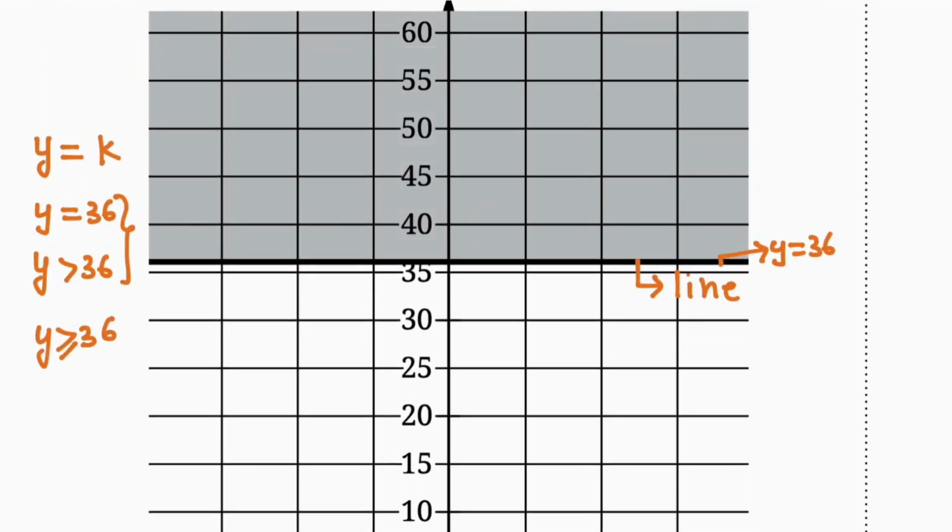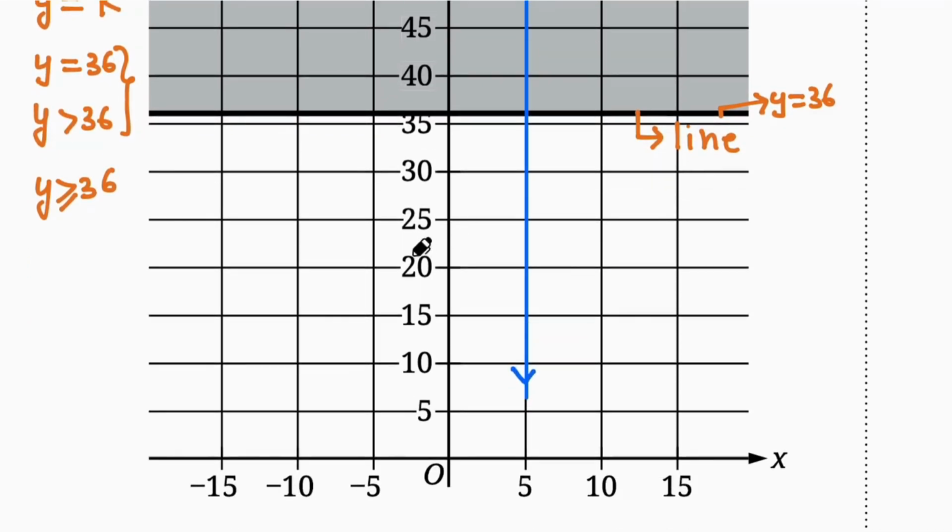For example, let's draw a line which is parallel to the y-axis this time. Because here we are meant to do the concepts instead of questions. So now this line is parallel to the y-axis. What is fixed? The value of x is fixed. x is always 5. y is changing.